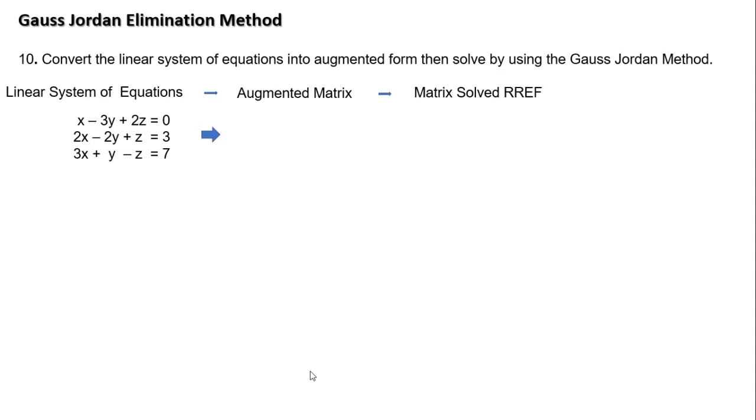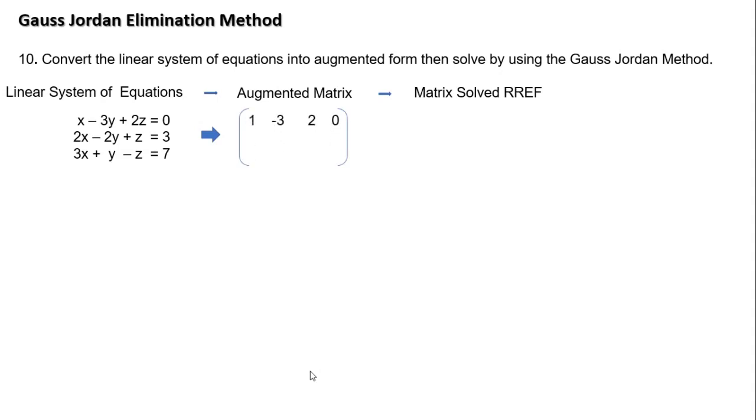Since matrices have a placement value, the position of each value in the matrix has a position. So we don't have to worry about the variables anymore. We just have to put in the coefficients because the matrix is going to have our placement value already for us. So how do I represent this linear system as an augmented matrix form?